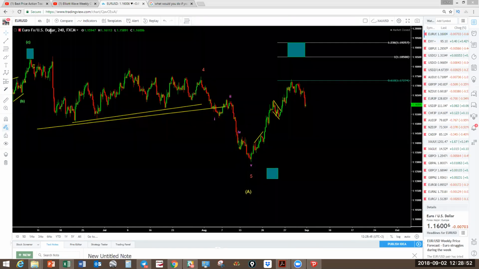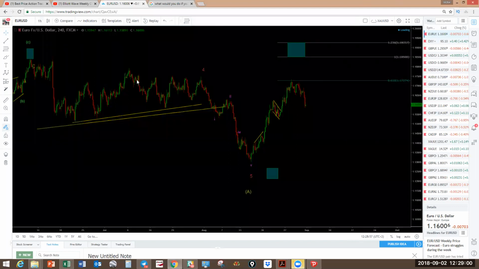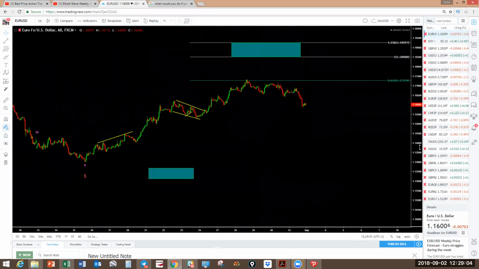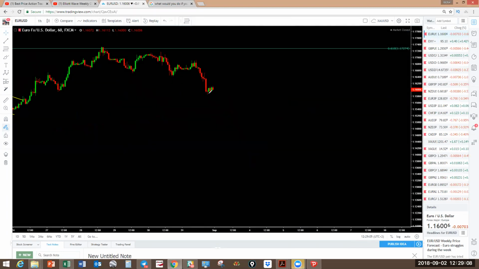Let's just go quickly to the 1-hour time frame. Okay, so on the 1 hour, you're getting a perfect flag there. So those who have not entered the shorts on Euro, you can take that flag, but just be careful now that it has already moved 1, 2, 3 waves down, 1, 2, 3 waves up.